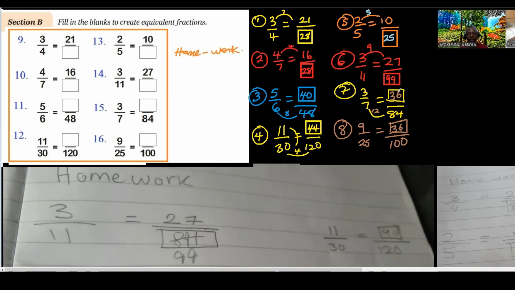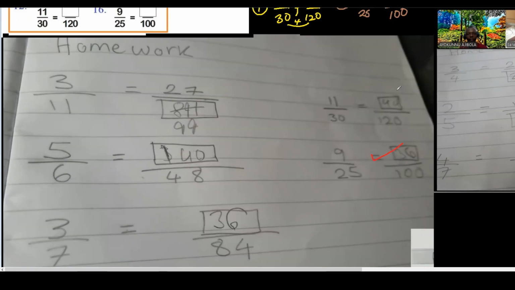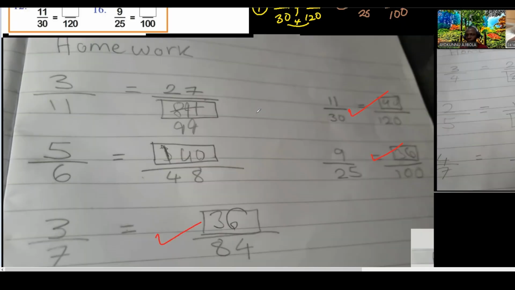11 over 30. Where is 11? Yeah, you got it right. That's correct. Did you get this 84? Yeah, that's correct. Did you get this 5 over 6? That's 40. Okay, you changed it later, right? Okay, that's correct.